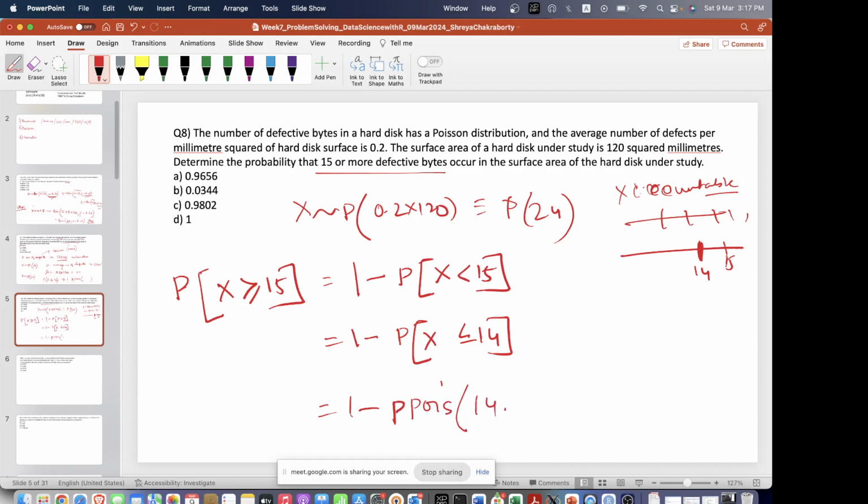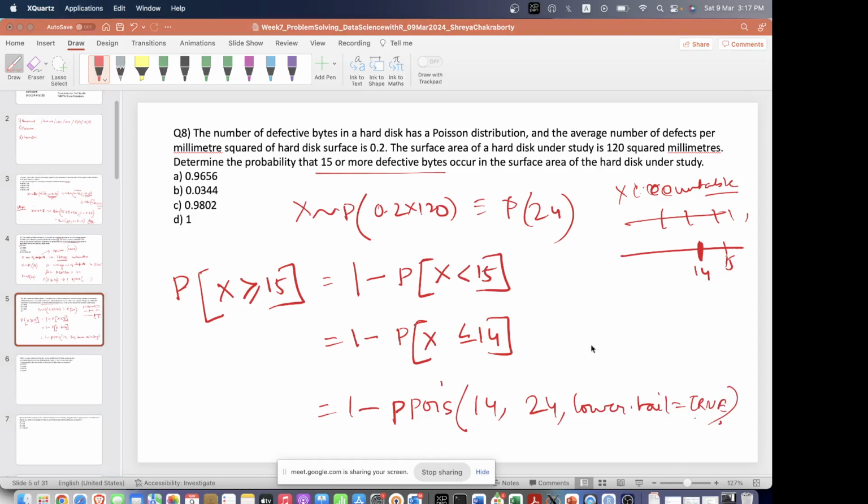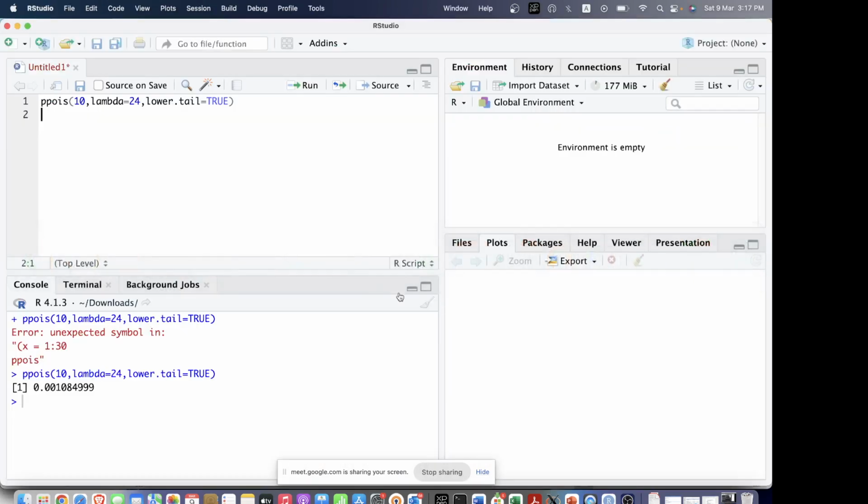So then we'll write 1 minus p Poisson. This number would be 14, lambda would be 24, and lower tail would be true. So p Poisson 14, lambda equal to 24, lower tail equal to true.